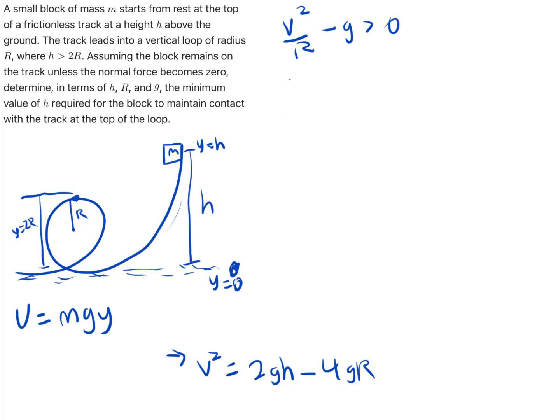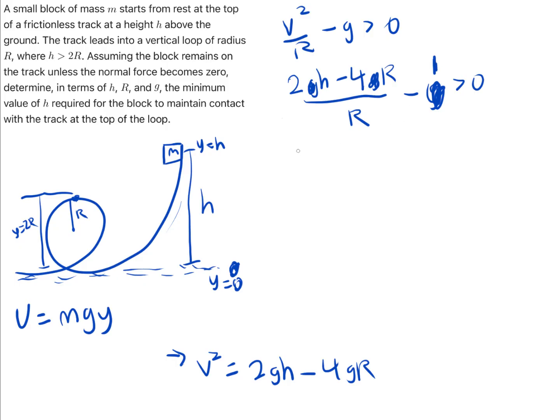And now after plugging in this for v squared, we get that 2gh minus 4gr over r minus g is greater than 0. And notice we can cancel out the g's as well. If we divide everything by g, then this is going to be a 1.